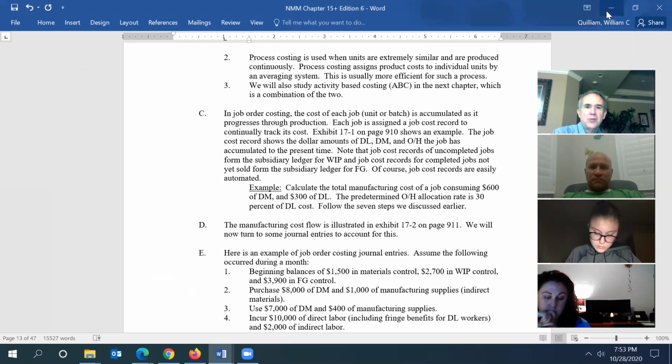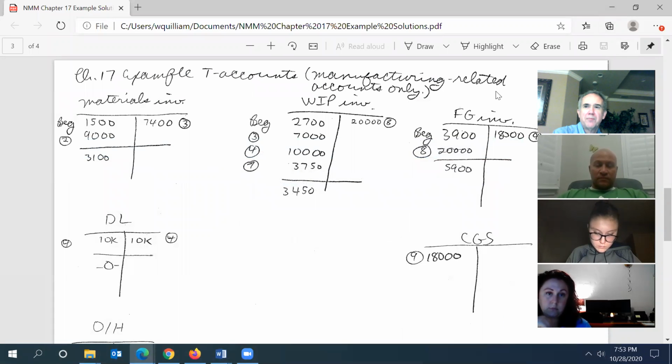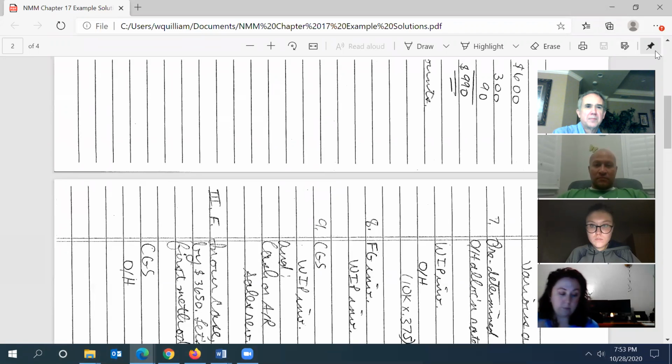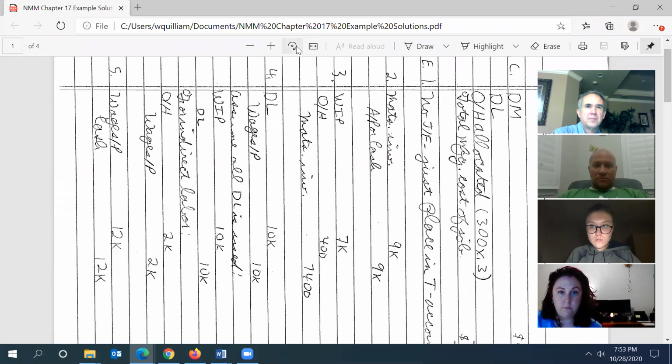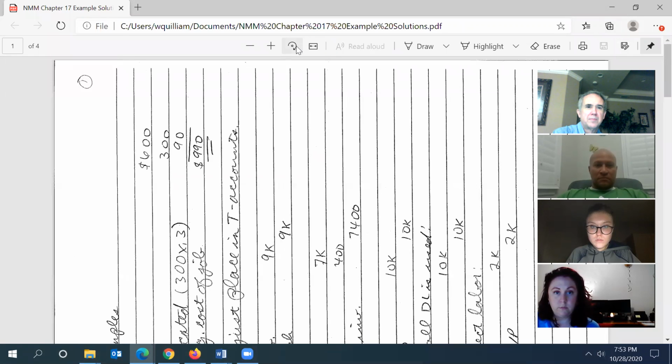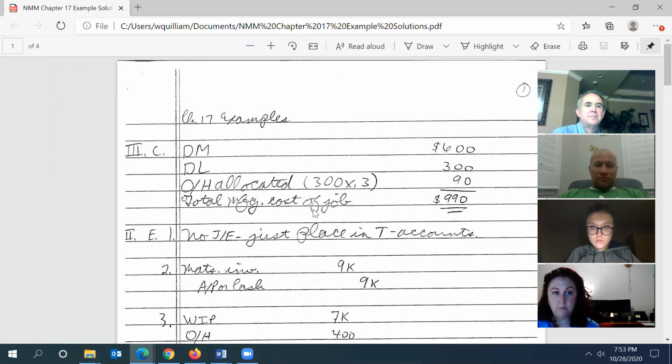So let me do a journal entry here for you. It's easy. We will debit or increase materials inventory. Again, that is an asset account, so a debit increases it. We will credit accounts payable or cash.